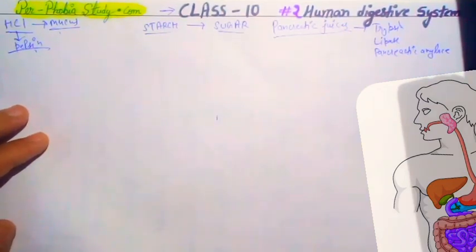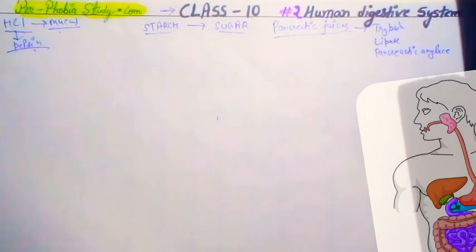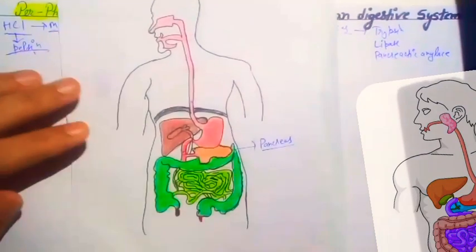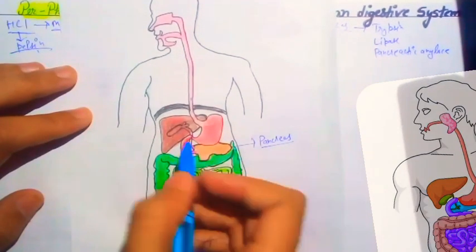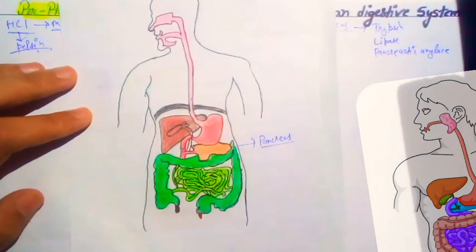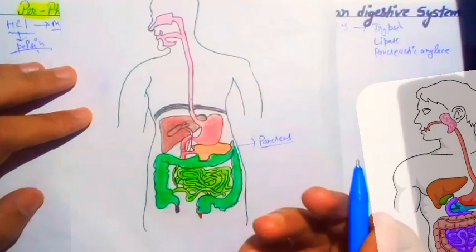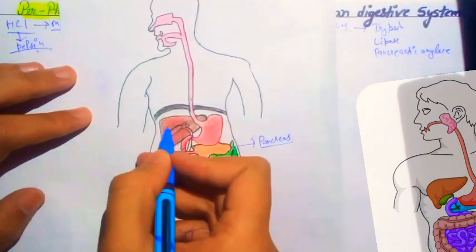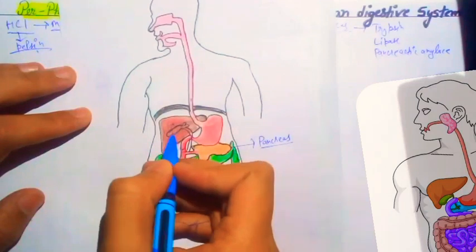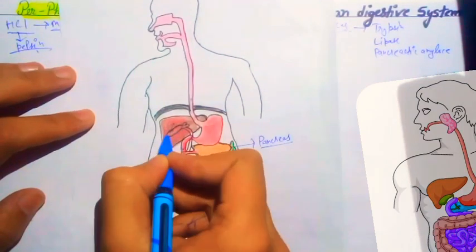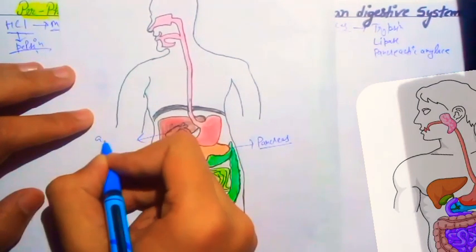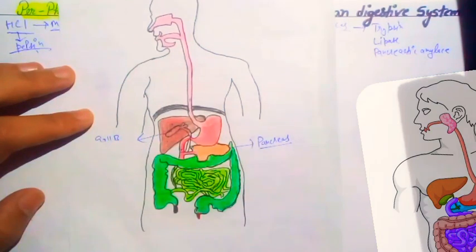They want some alkaline nature, and this alkaline nature is provided by bile juice. Yes friends, bile juice. This bile juice is secreted by our liver, and it is stored in this gallbladder. This is the gallbladder.